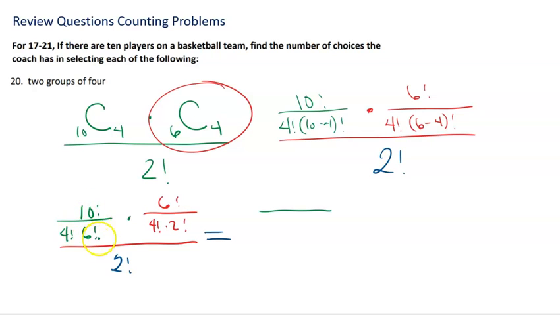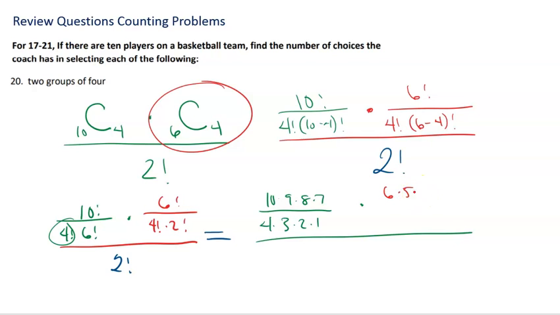So it's 10 times 9 times 8 times 7. The 6 factorials cancel, but this 4 factorial is still there, 4 times 3 times 2 times 1. Now the same thing with my 6 factorial. I write it down to 4, so 6 times 5, and the 4 factorials cancel. And then still divided by 2 times 1, and in the denominator, I still have 2 times 1.